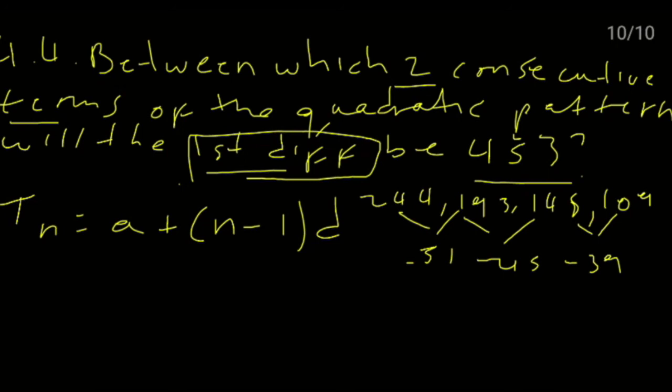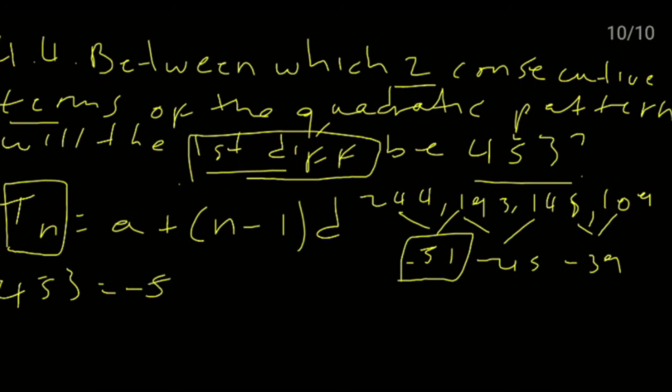Now they want us to determine the two consecutive terms, right, of which the first difference will be 453, right? So in that term, that value will be 453, right? And then what is our A? The first term of the first difference, right?